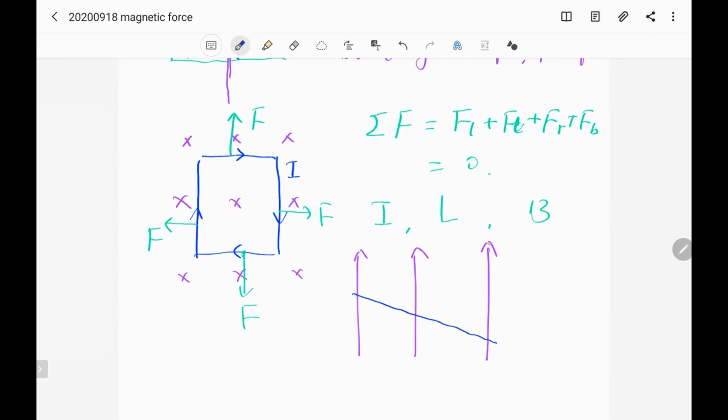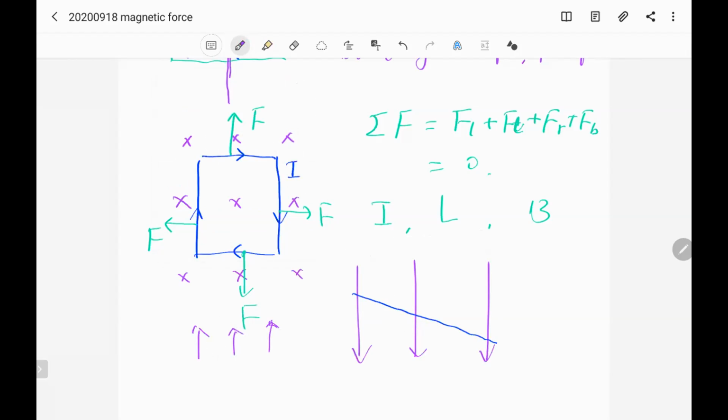This is a front view. We look at this loop in this way.